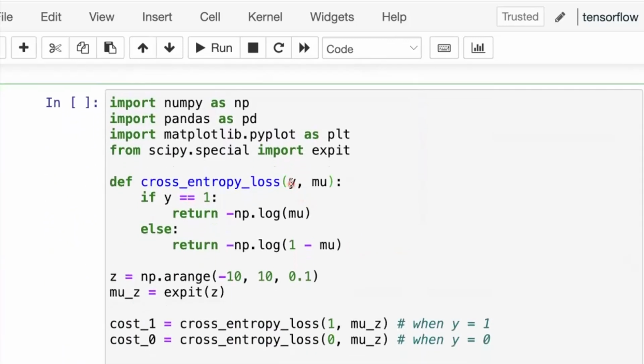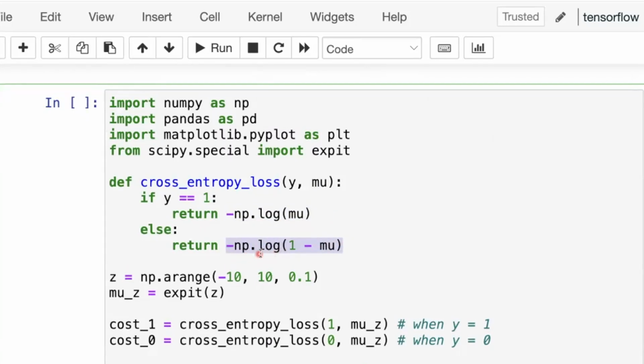So we accept y and probability mu. We are assuming that if y equals 1, then that's the form of the loss function, negative log of mu. And then if y equals 0, then the other condition that we have, negative log of 1 minus mu.